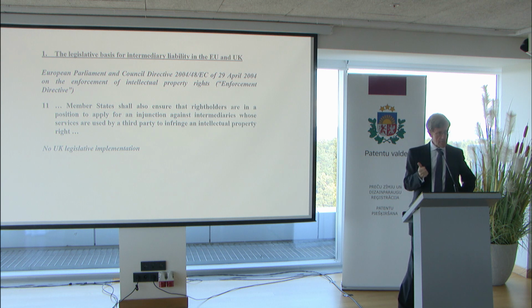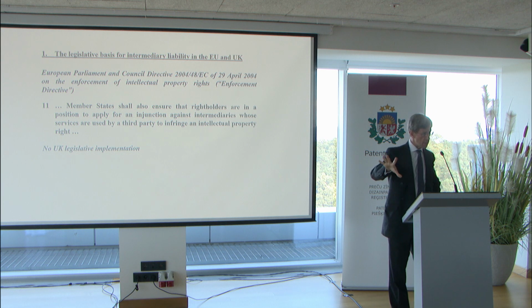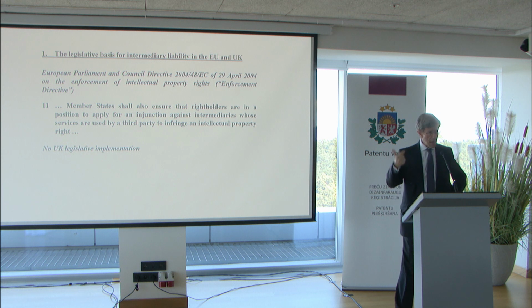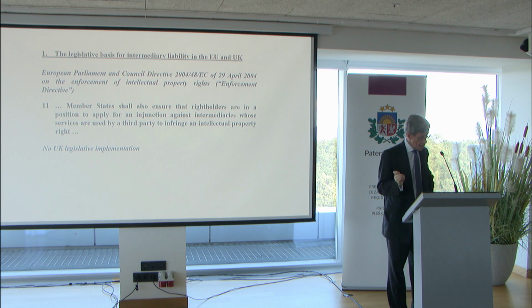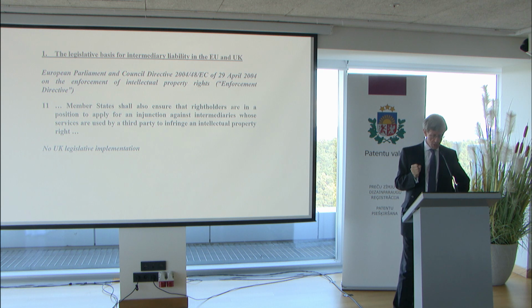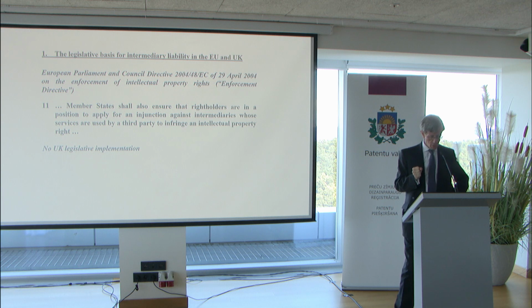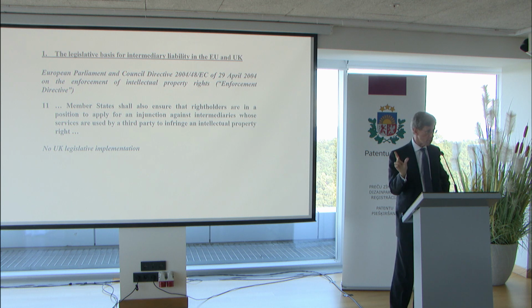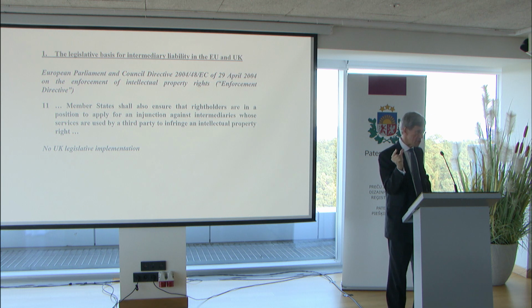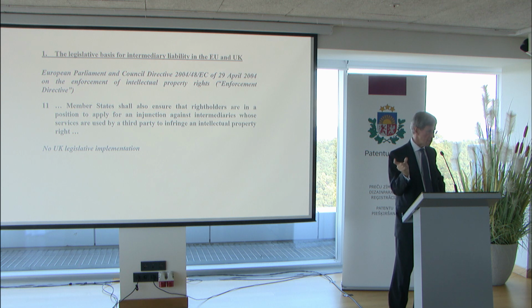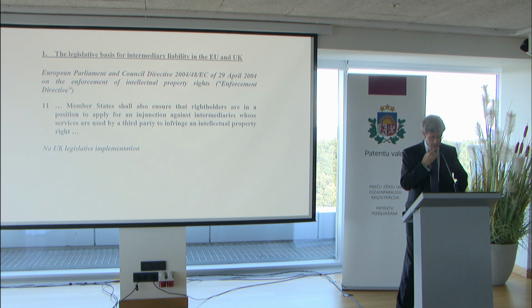So Article 8.3 of the Infosoc Directive was just about copyright and related rights, but now we have Article 11, third sentence of the Enforcement Directive, which says Member States shall also ensure that right holders are in a position to apply for an injunction against intermediaries whose services are used by a third party to infringe an intellectual property right. So this now applies to any intellectual property right, although note there is no definition in the directive of what is and what is not an intellectual property right, and I'll come back to that.